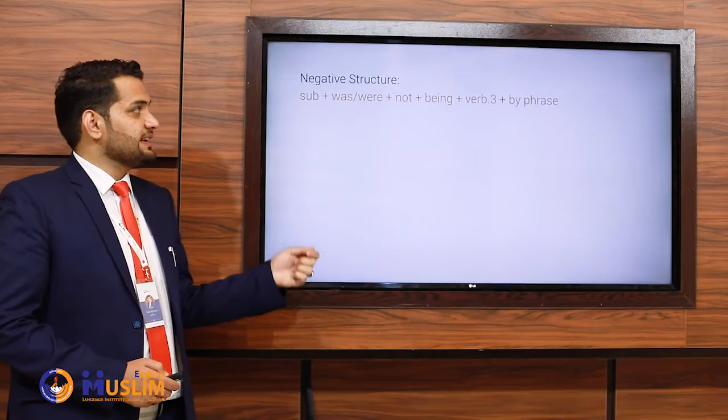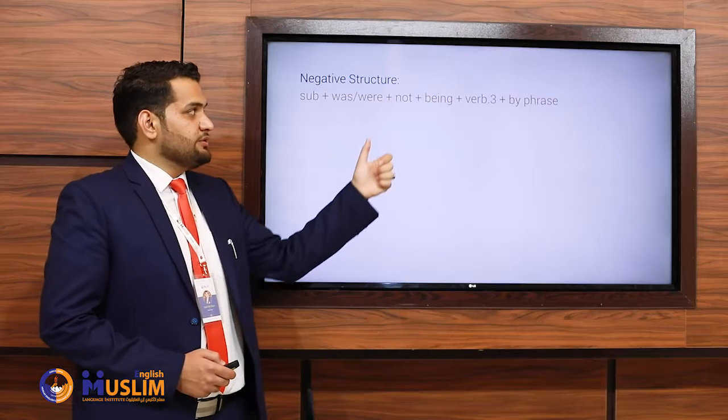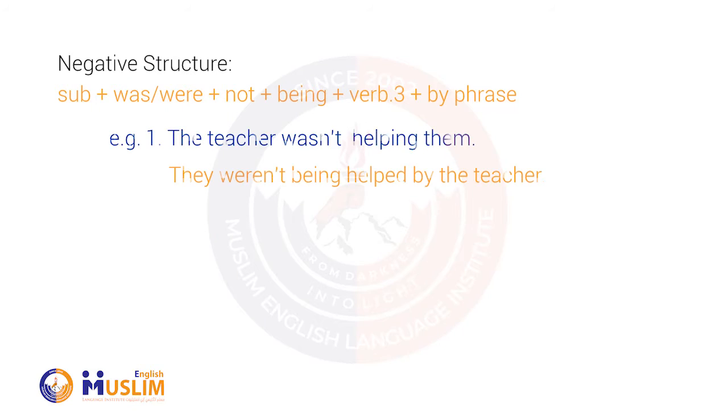Let's talk about the negative structure. Subject plus was or were plus not plus being plus verb 3 plus by phrase. Do not use not after being, use it before being. For example, number 1. The teacher wasn't helping them.